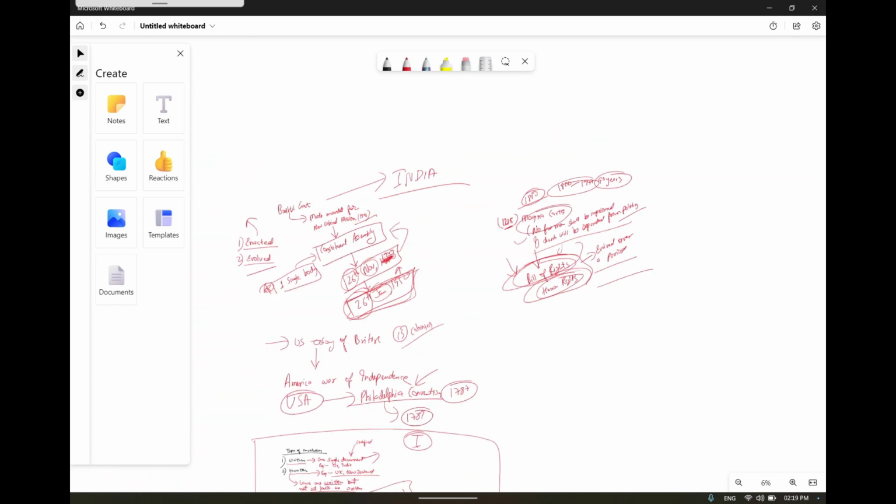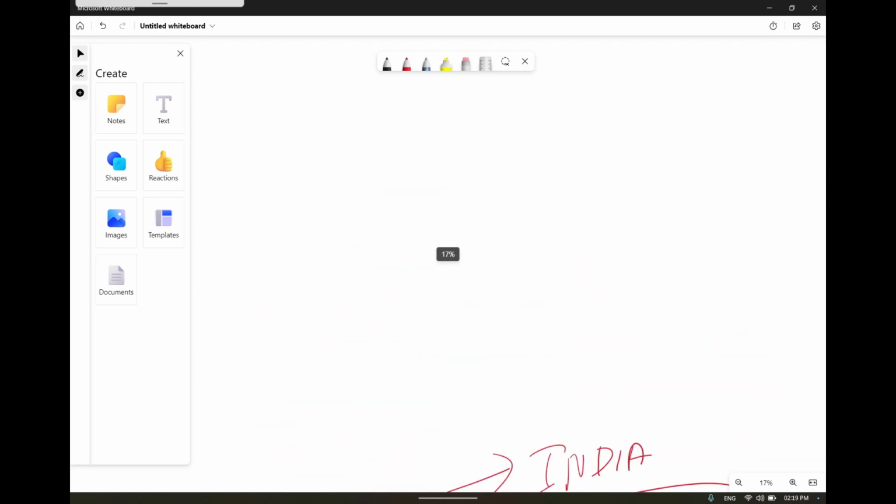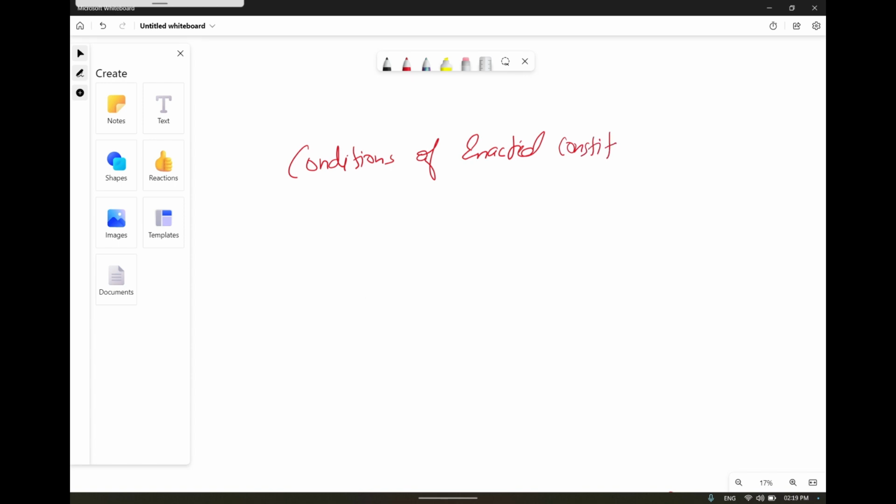So we have seen enacted and evolved. Now, what are the conditions for a constitution to be called an enacted constitution? Within the lecture I have used those terms as well. One very important condition is that a single body should be responsible for framing the constitution.